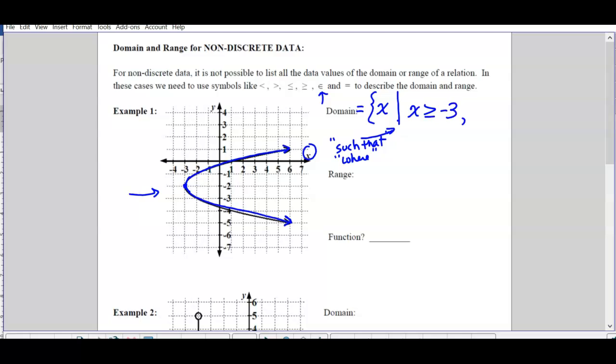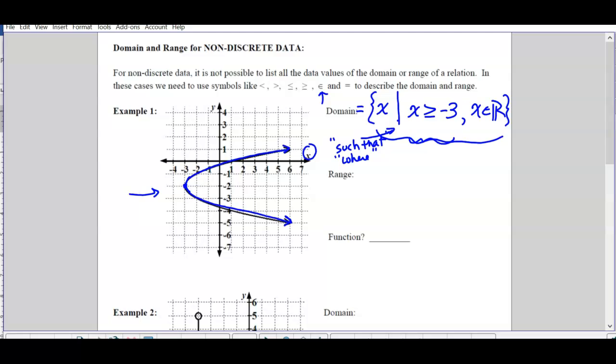And then we need a comma to say that x is an element of the set of real numbers. That's a funny looking R. I do it with 2 vertical lines, which represents the set of numbers. In some textbooks you'll see it bolded, but it's hard to bold when you're writing things out. Sometimes we abbreviate it if we're working quickly, but on a test you want to do the whole thing.